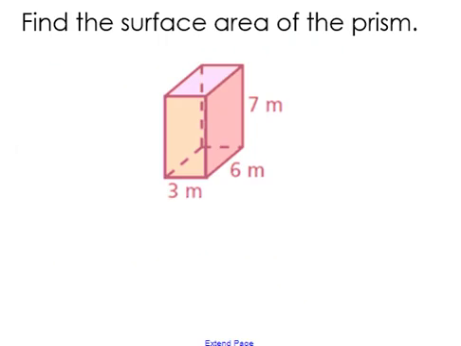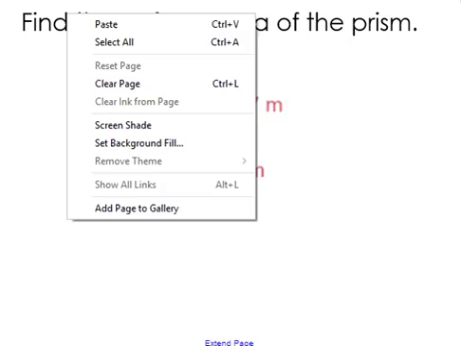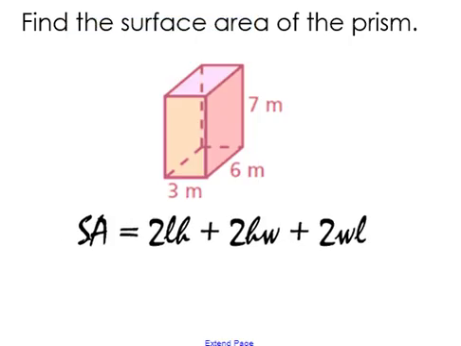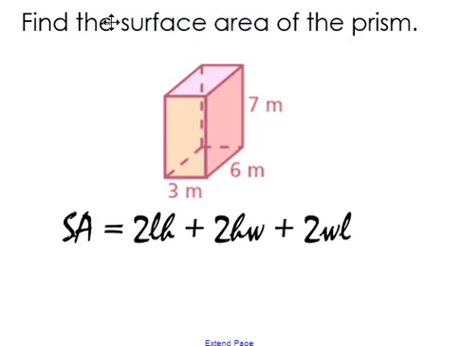Let's go ahead and try another one. Just like before, we're going to start with our formula. That's step 1. We'll also label the height, the width, and the length.